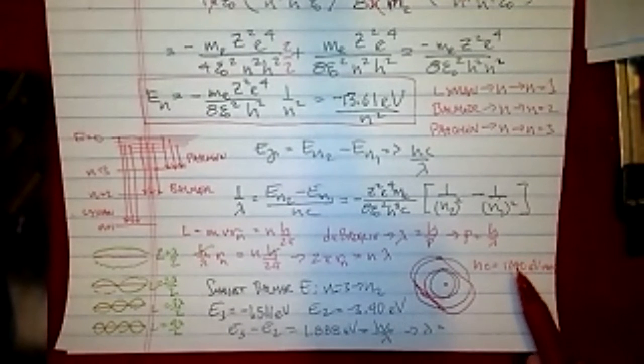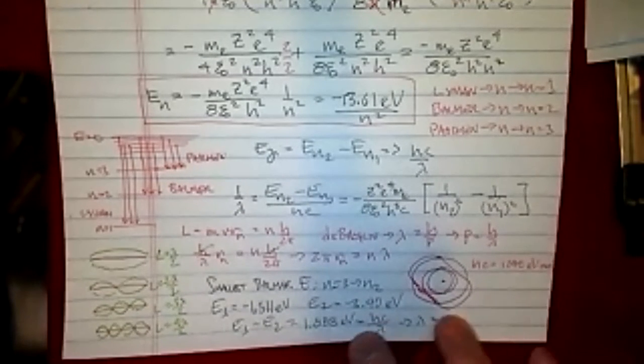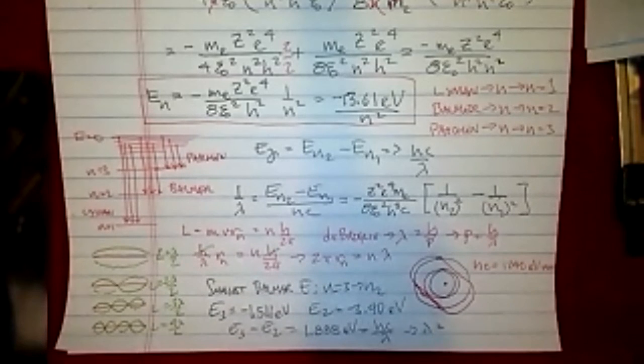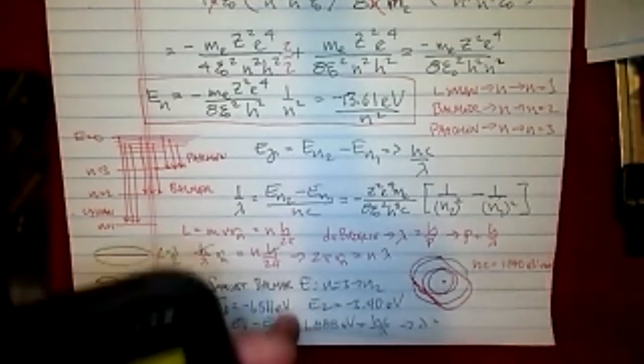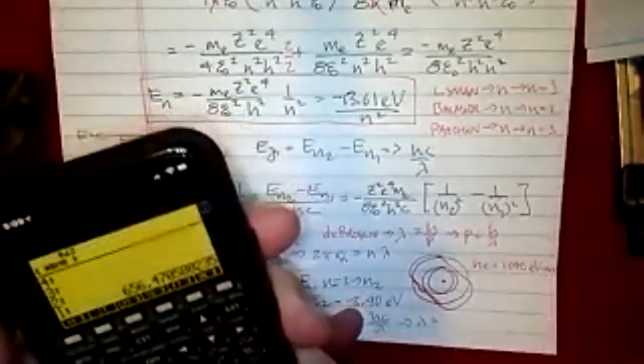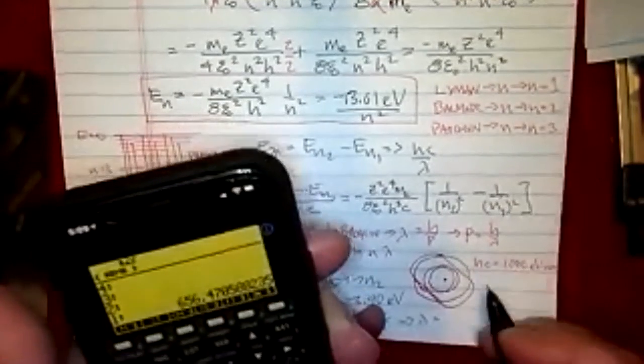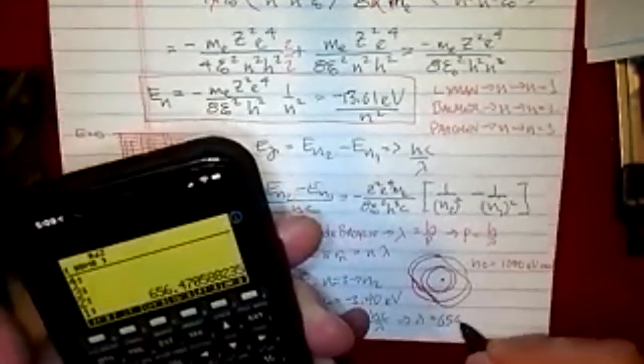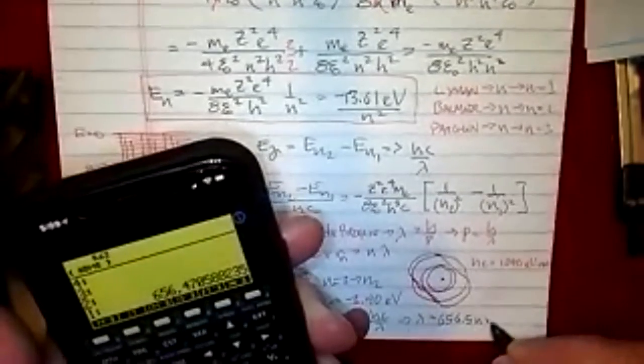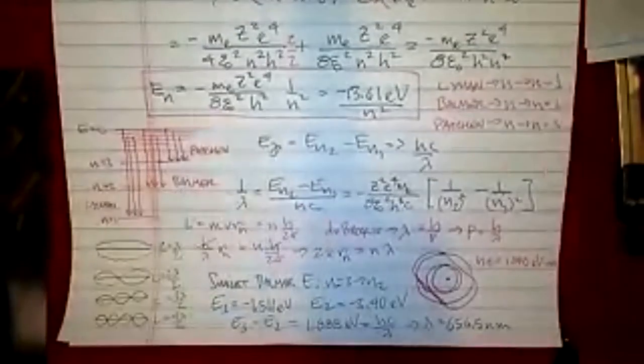I'll divide 1,240 by 1.88, and that'll give me the number of nanometers. That gives me 656.5 nanometers is the wavelength.